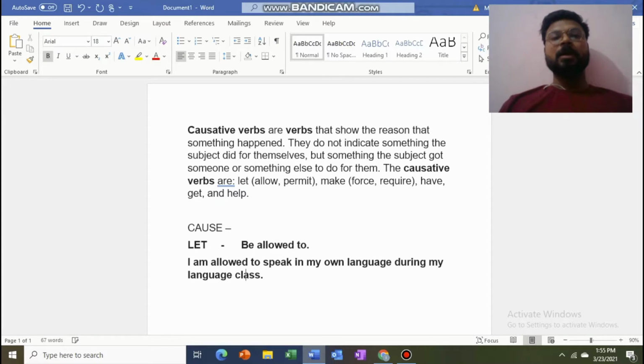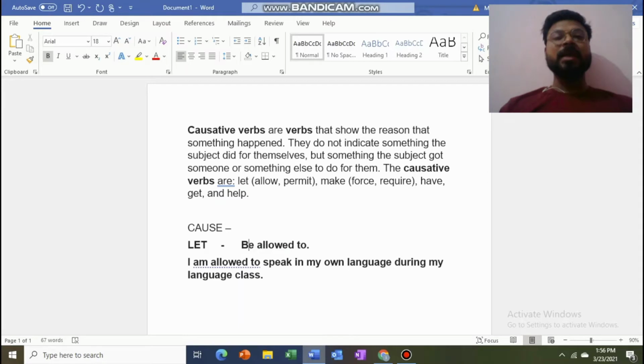अब अगर मुझे इसको causative में करना है, then how am I supposed to convert it into a causative? We know it is let. We use let. तो जाहिर सी बात है, we need to understand now the subject, कि इसमें हमें इजाज़त देने वाला कौन है.